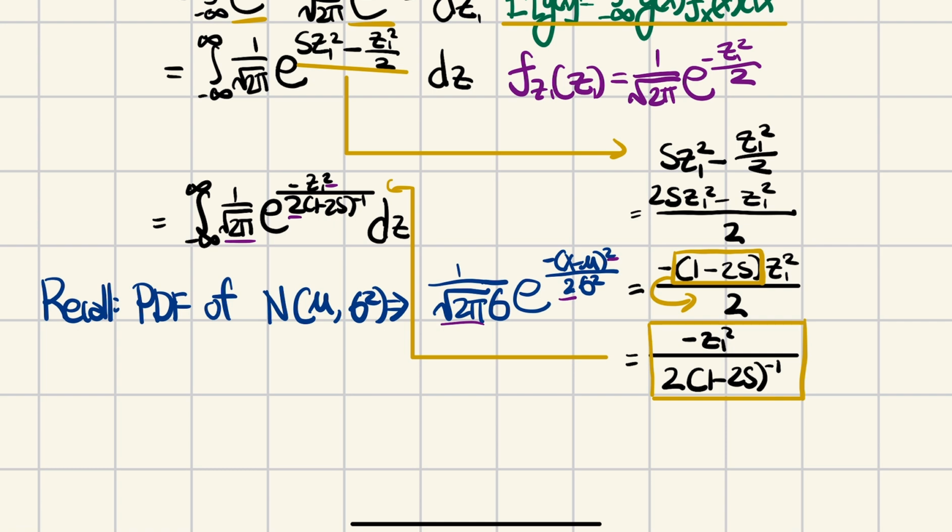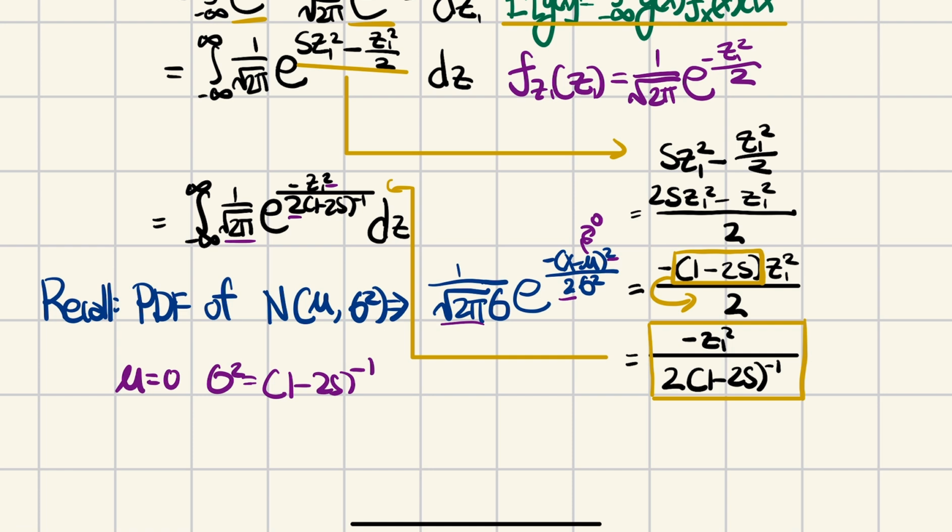In fact, if mu is 0, and sigma squared is 1 minus 2s to the power of negative 1, then it looks very similar to the PDF of a normal distribution where mu is 0 and sigma squared is 1 minus 2s to the power of negative 1.